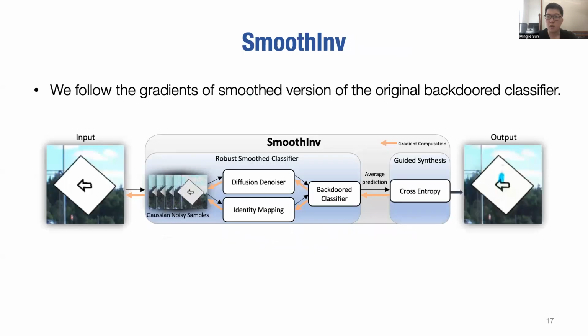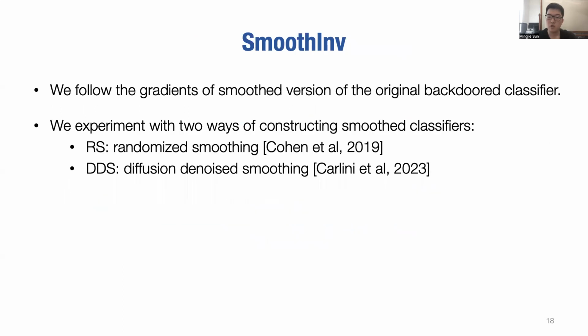The high-level idea of our approach SmoothInv is that we follow the perceptually aligned gradients of the smooth backdoor classifiers. We use two ways to construct smooth classifiers. The first is the original randomized smoothing approach. The second is diffusion denoised smoothing, which has achieved state-of-the-art certified robustness.